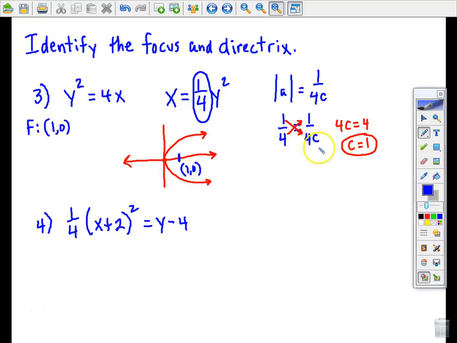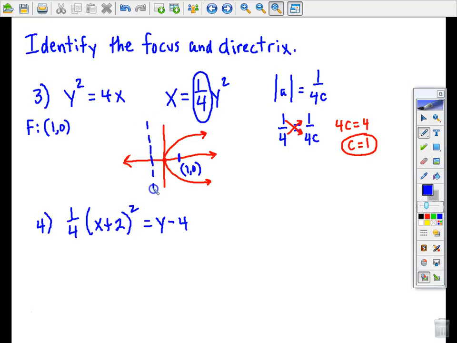Now, what do we know about the directrix? Well, it's a line. And it's the same distance away from the vertex, but in the other direction. So I'm going to go left 1, and I need to draw a vertical line.